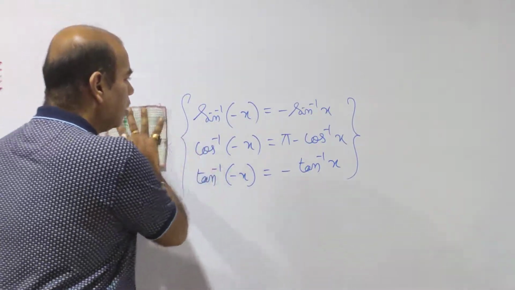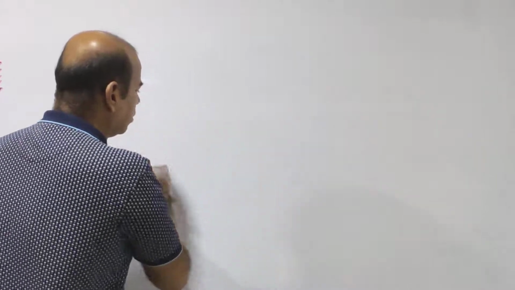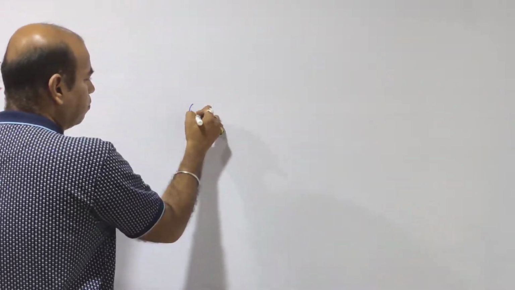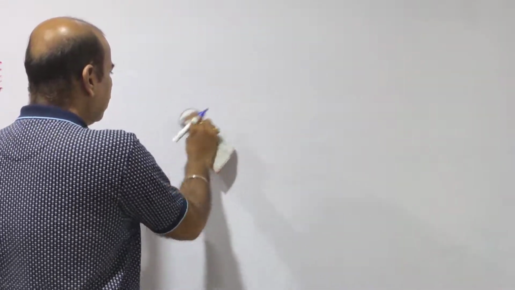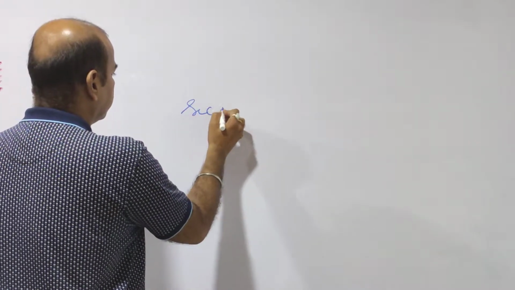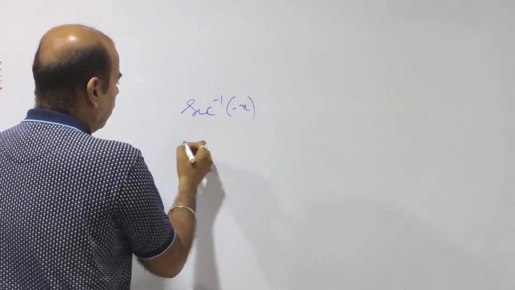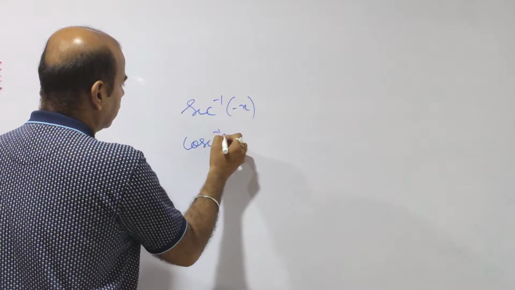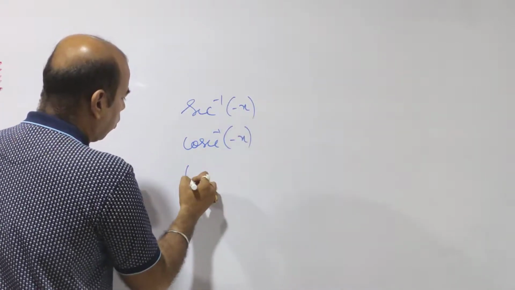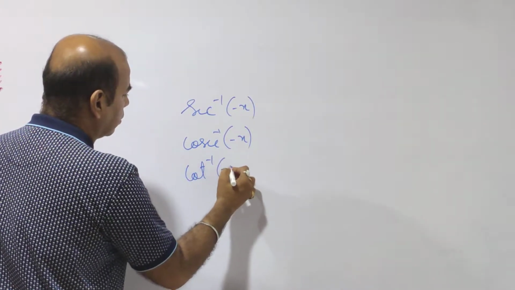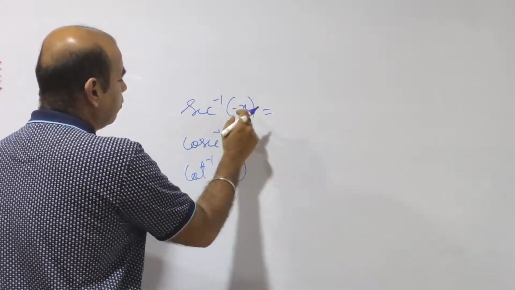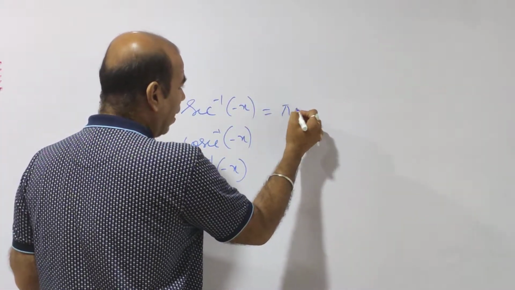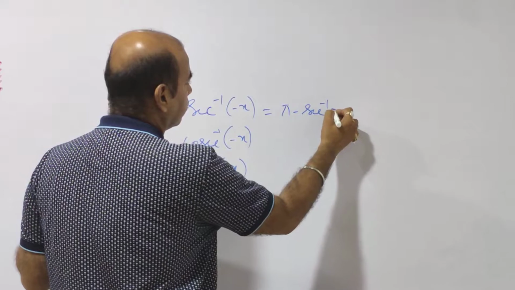Now it can be sec inverse minus x, it can be cosec inverse minus x. Let me write sec inverse minus x, cosec inverse minus x, cot inverse minus x. That means sec inverse minus x is pi minus sec inverse x.